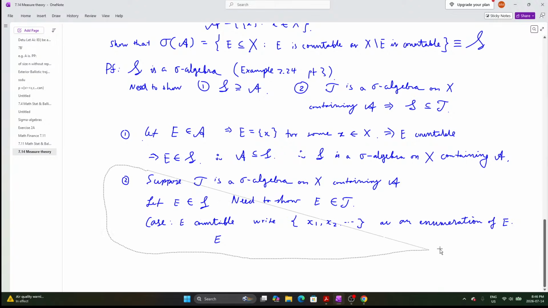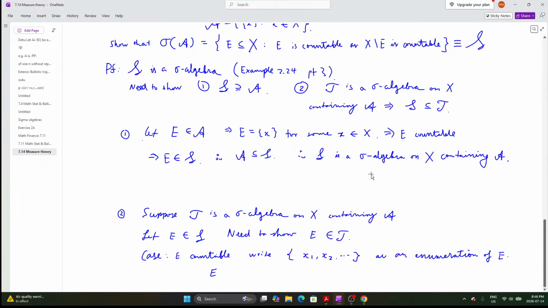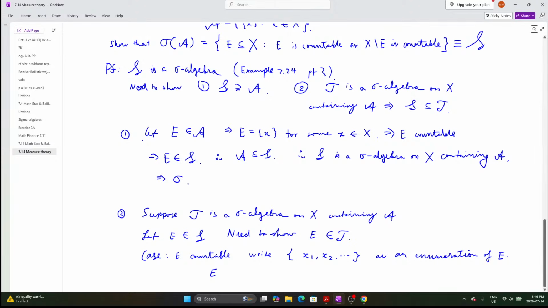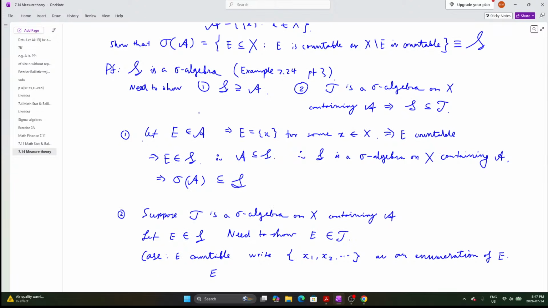Because sigma of A is defined as the smallest sigma algebra that contains A. So you have sigma of A is a subset of S. Do we have the opposite?